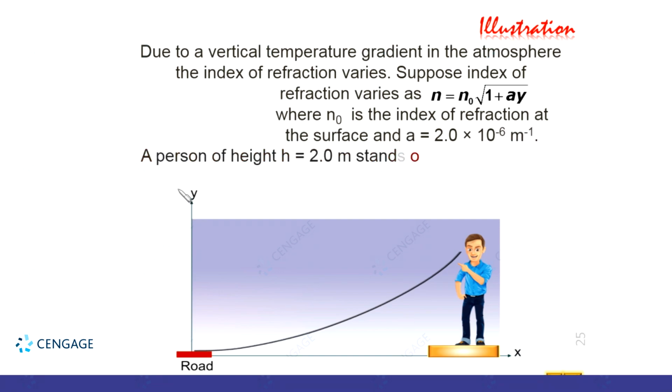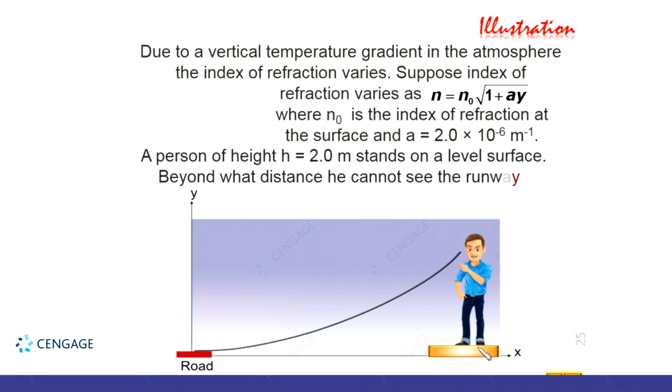Now, a person of height 2 meter is observing the road. The question is beyond what distance he cannot see the runway, right?